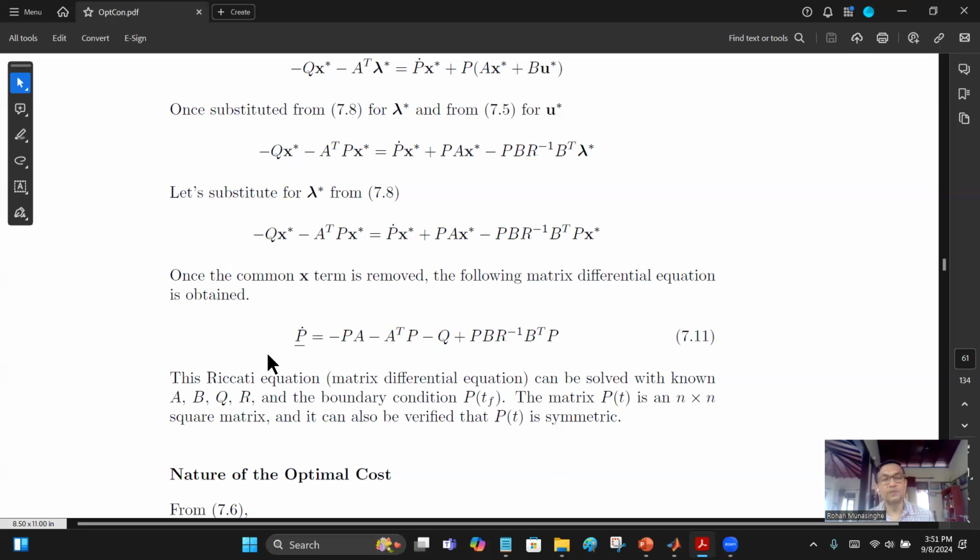So we call it a matrix differential equation. Maybe the first time you see this kind of thing. It's a matrix equation because A, B and everything are vectors and matrices. And there's a rate of change of one matrix here, P dot, therefore it is a differential equation also. So therefore we call it a matrix differential equation.